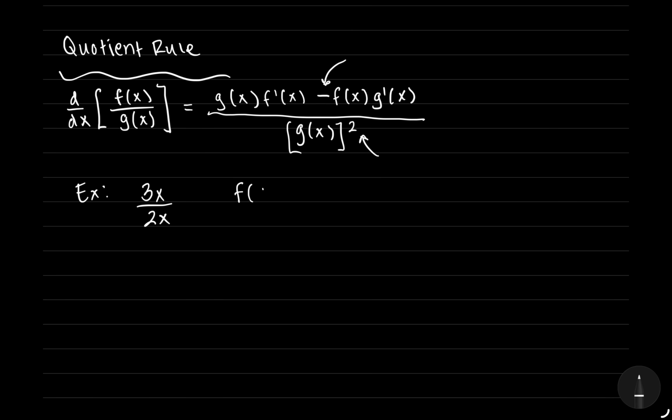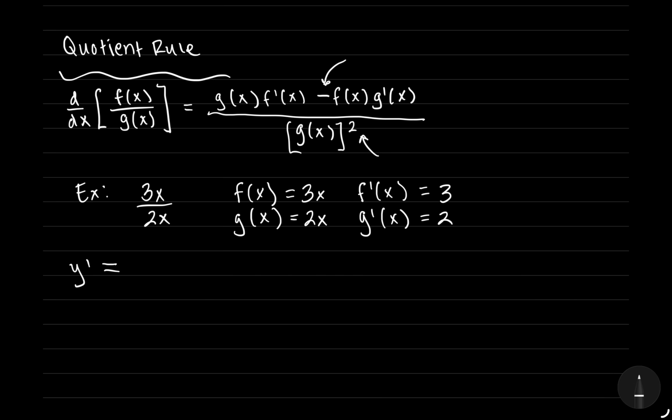So our f of x is going to be our 3x. g of x is going to be our 2x. Then our f prime is going to be 3. And our g prime is going to be 2. Okay, so now let's plug this into our formula.